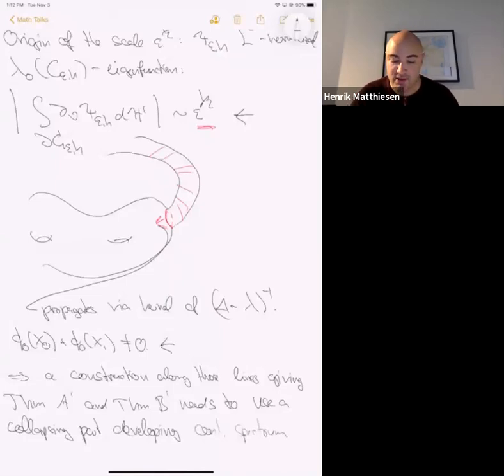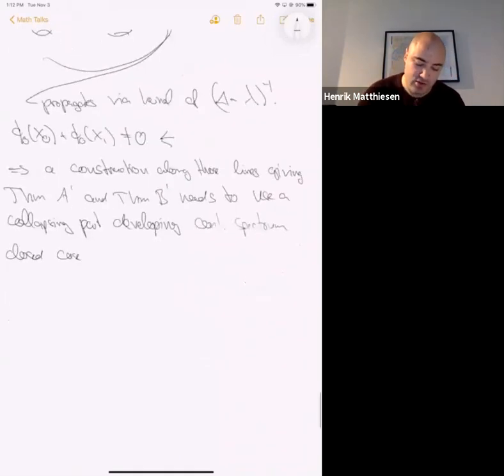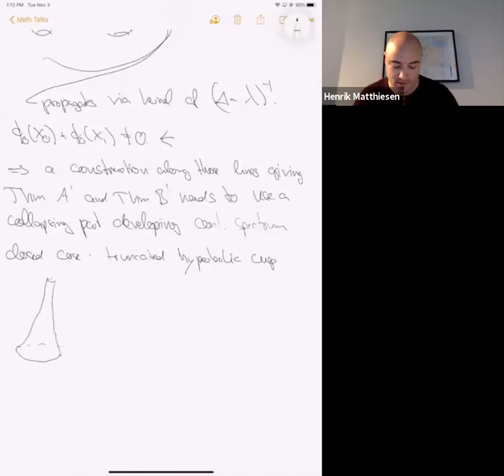Okay, let me just tell you what we use, and then I'll stop. In the closed case, you just use a truncated hyperbolic cusp. It's something which looks like this. Okay, the drawing is not very good.